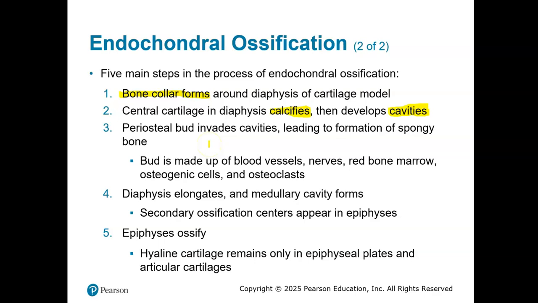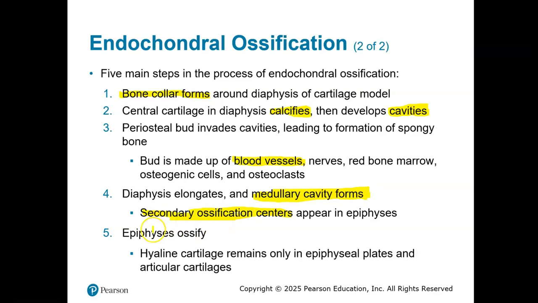All right, in step 3, you have blood vessels invading the diaphysis. In step 4, you have the medullary cavity forming completely, and that forms through the action of osteoclasts. And then you have secondary ossification centers, and those appear in the epiphyses.